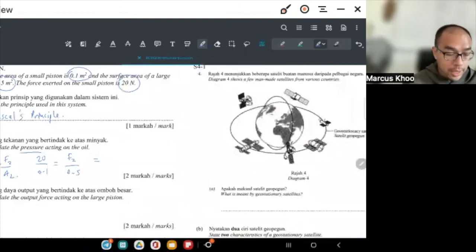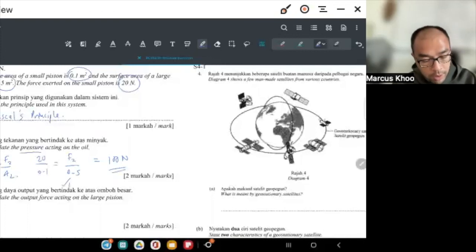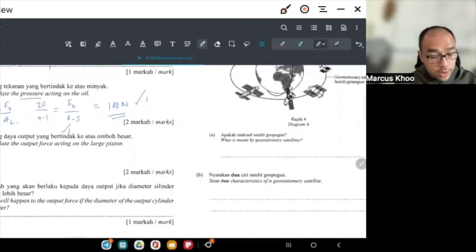When you calculate this, you will get about 100 newtons. One mark for the substitution, one mark for the answer. Oh, sorry, this is the answer for this one.